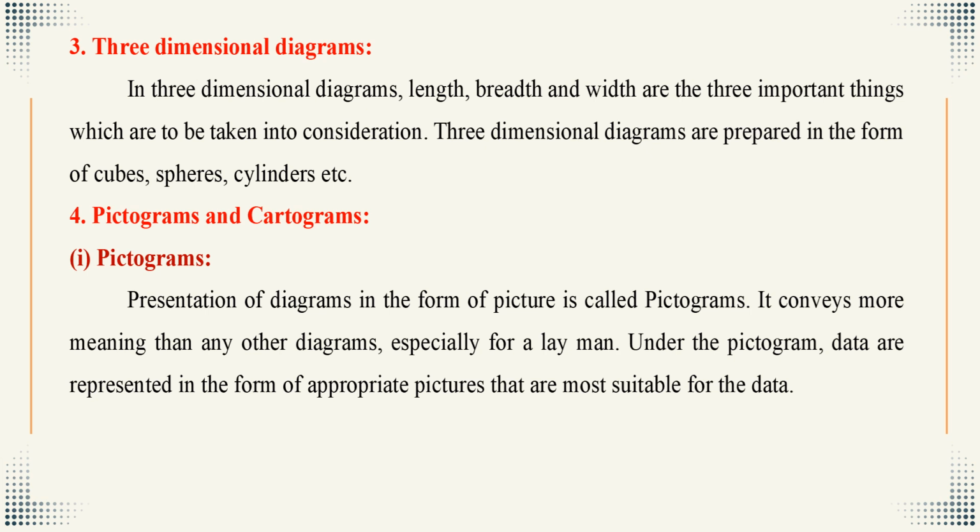First one, presentation of diagrams in the form of pictures is called a pictogram. It conveys more meaning than any other diagrams, especially for a layman. Under this pictogram, data are represented in the form of appropriate pictures that are most suitable for the data.